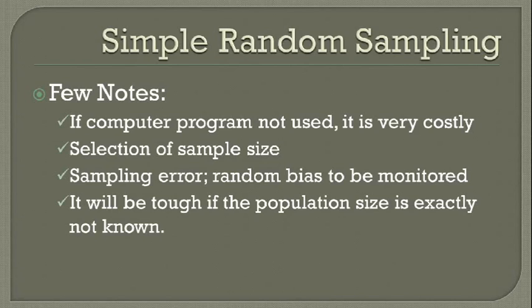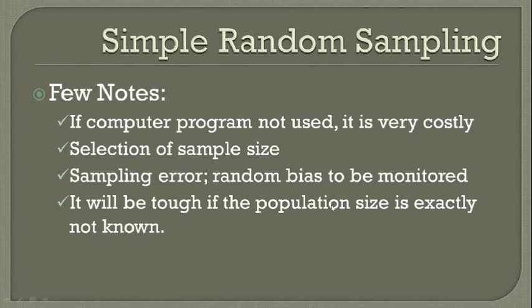And also there are some rules for selecting the sample size, which we will discuss later on. Sampling error and random bias are to be monitored. That is, we have to see that the sampling error will not exceed an admissible value, etc.